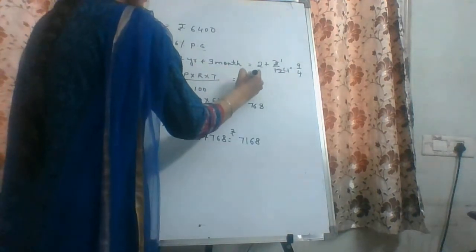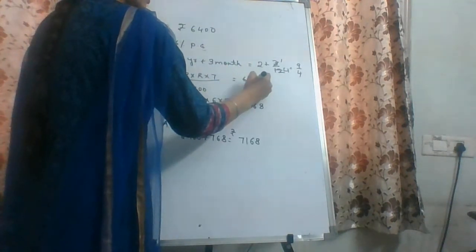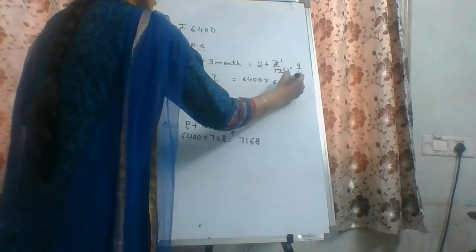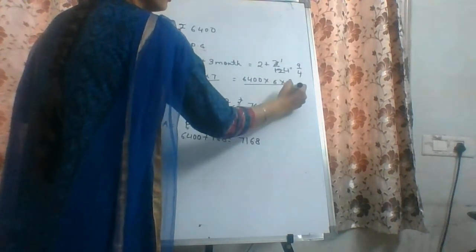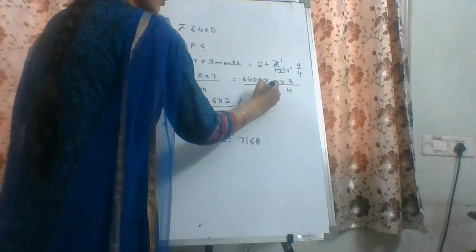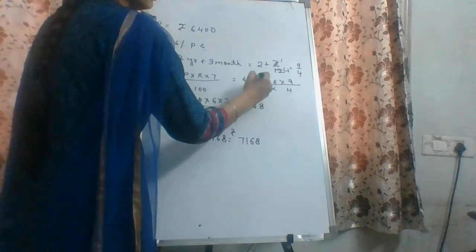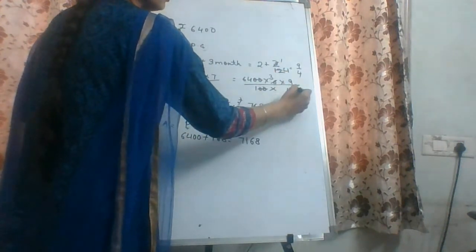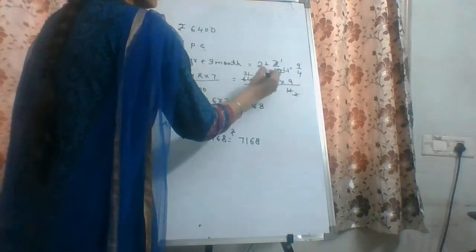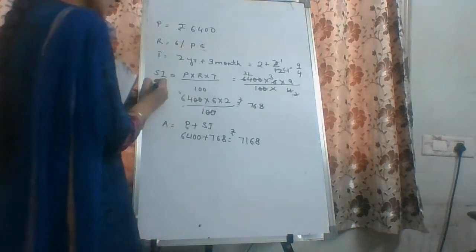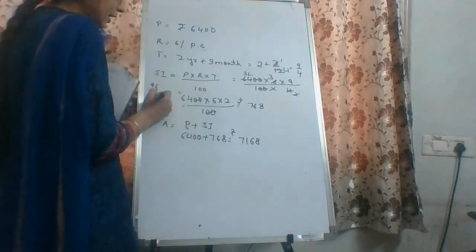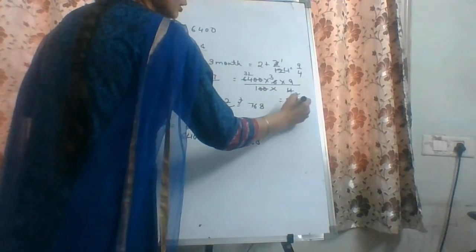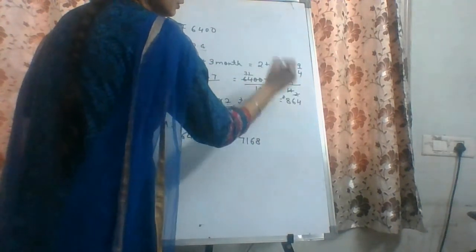It will change to principal 6400 multiplied by 6 and time will become 9 upon 4 multiplied by 100. Let us calculate according to this also. You get this as 32, 32 into 3 is 96 and 96 multiplied by 9, 864. 864 will be the interest.